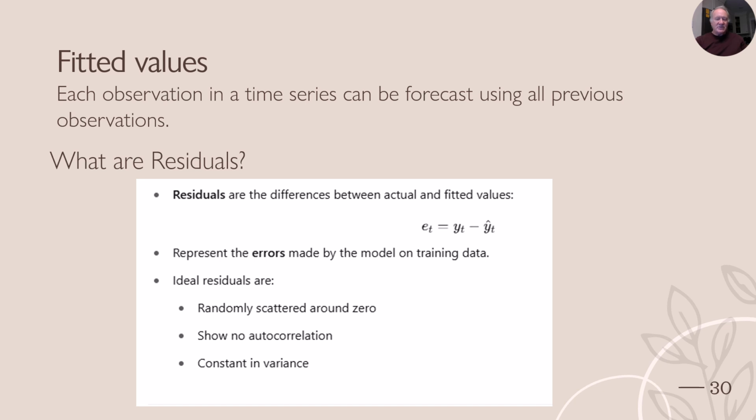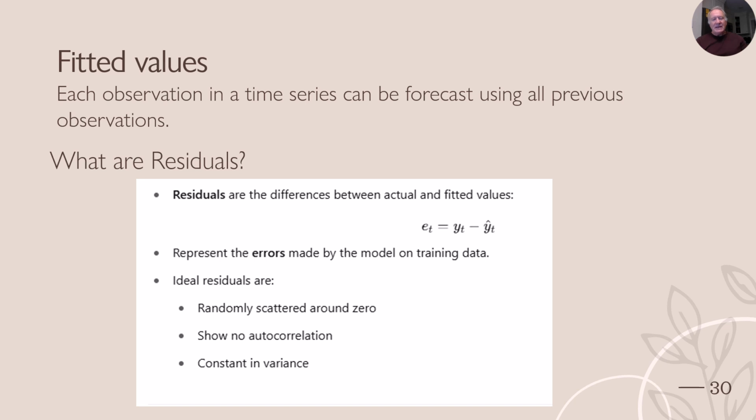We also have residuals, and the residuals are the difference between the actual value and the fitted value. In this case, we use e sub t, and it's equal to our actual value, y sub t, minus our predicted or modeled value, y hat sub t.